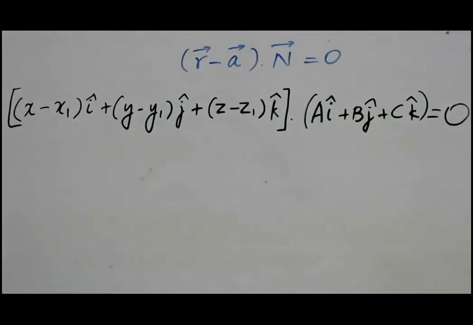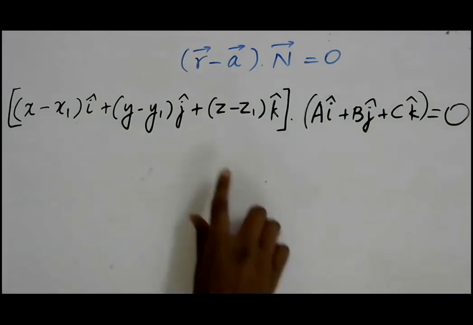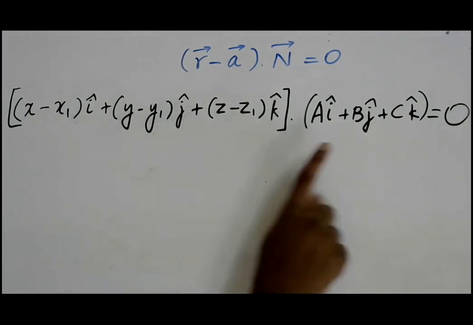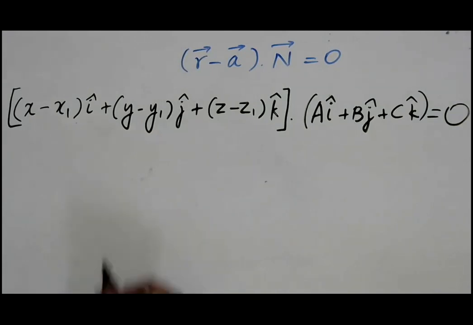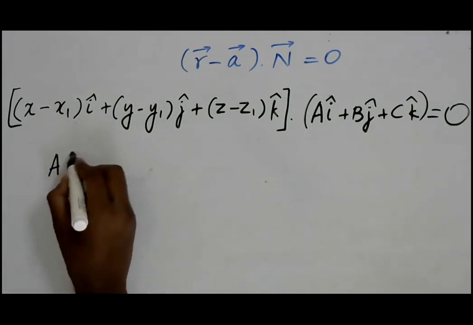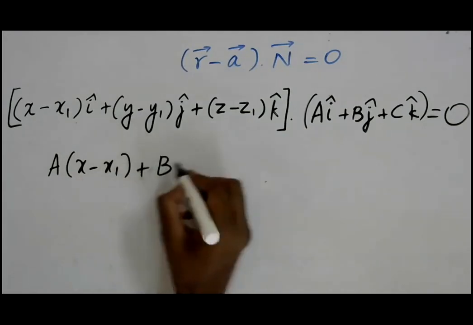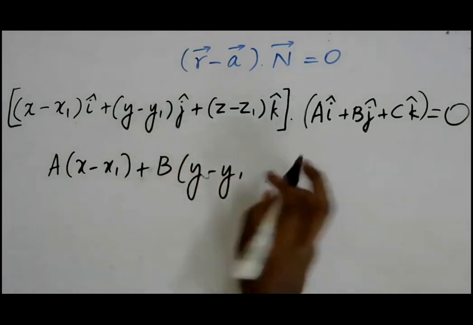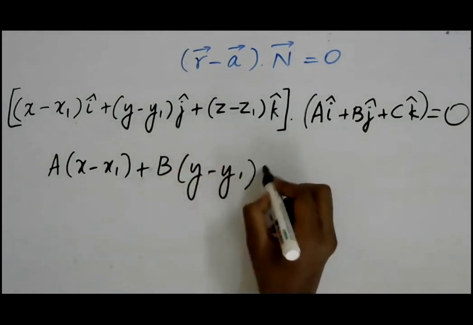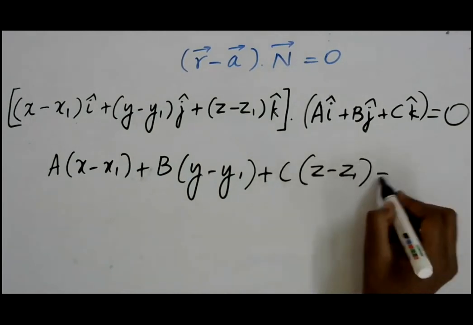Substituting the values of R vector, A vector and n vector in the vector form, we get this particular expression, and on dotting, we multiply the components of i, components of j and components of k. Doing so, we have a times (x minus x1) plus b times (y minus y1) plus c times (z minus z1) equal to 0.